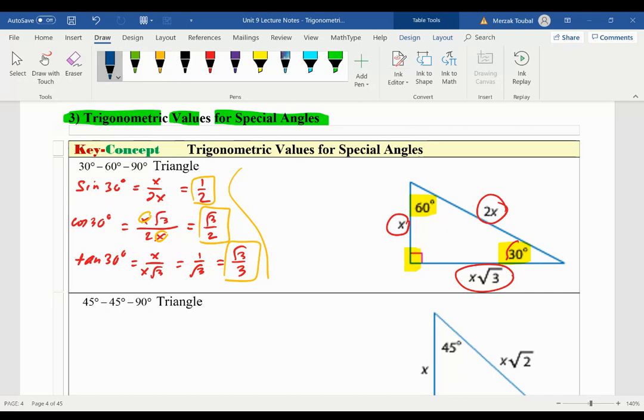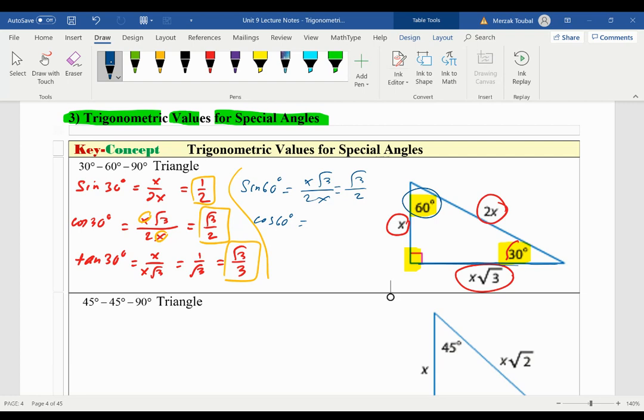Now let's do the sine, cosine, and tangent of 60 degrees. Sine of 60 degrees is the opposite over the hypotenuse, which would be x root 3 divided by 2x. After we simplify, it's going to be root 3 over 2. Now let's do cosine of 60 degrees.